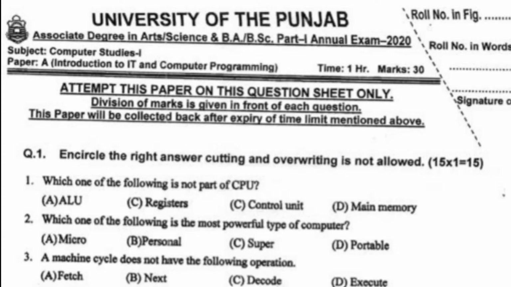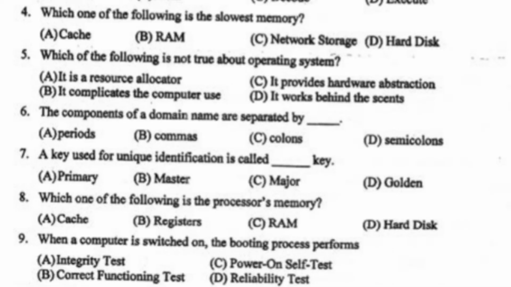Which one of the following is not part of CPU? Main memory. Which one of the following is the most powerful type of computer? Super. A machine cycle does not have the following operation. Next. Which one of the following is the slowest memory? Hard disk. Which of the following is not true about operating system?